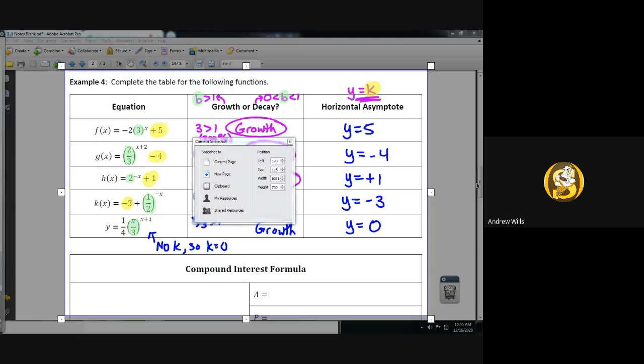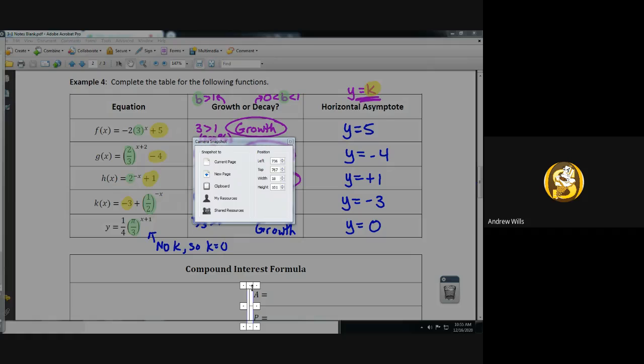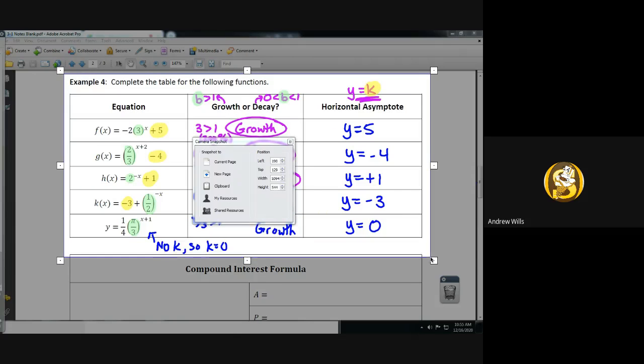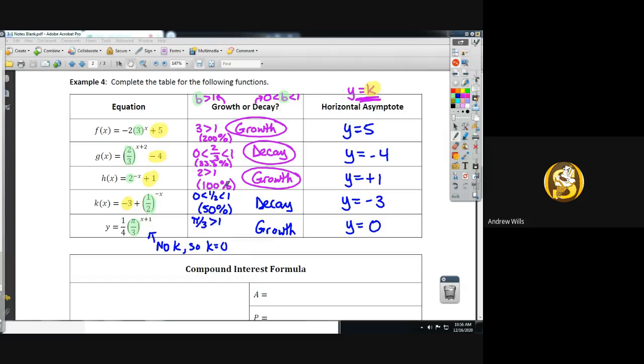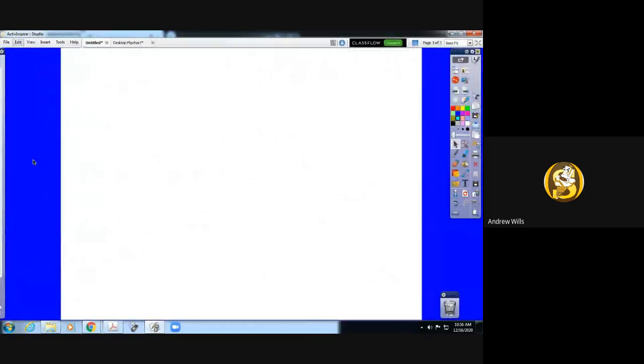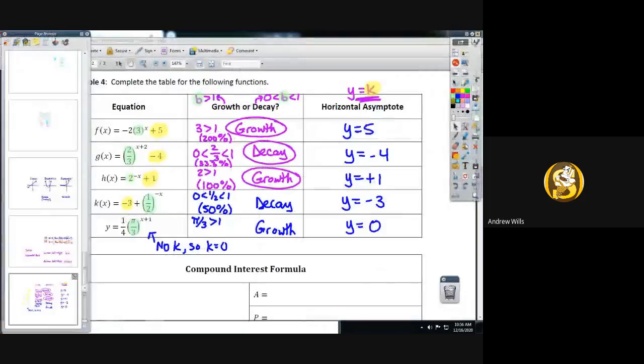I'm going to grab my picture here while you guys finish writing it down. Drop that in here real quick. We'll go back out here to where we need to be.